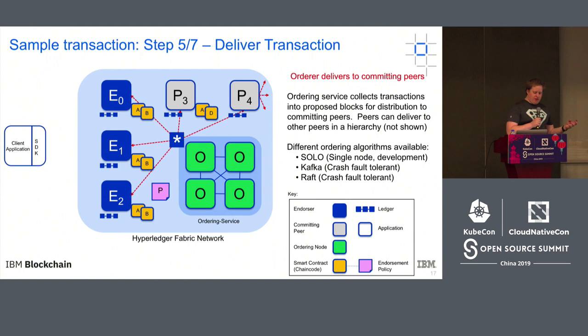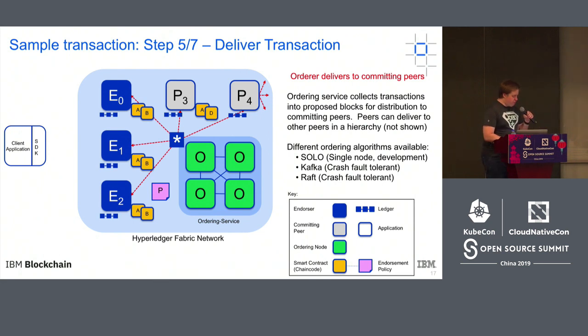And now we have a built-in, from version 1.4.1 of Fabric, Raft consensus mechanism, which runs in process of the orderers and is more scalable and easier to run.